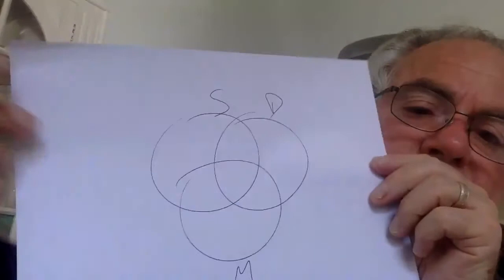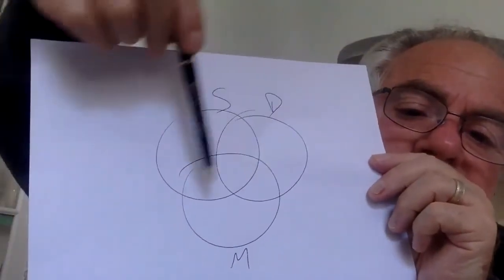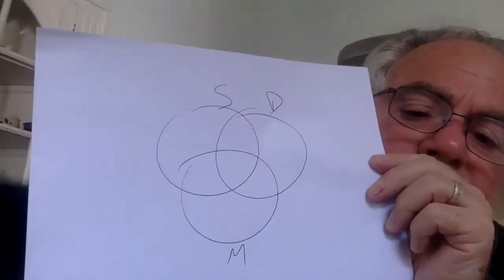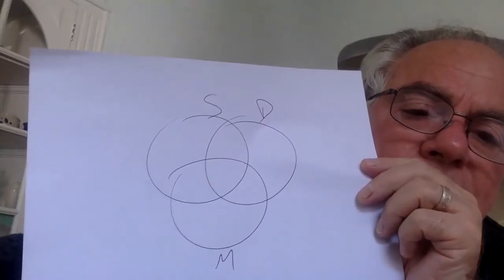So then you can diagram the O1. So you make your 3 circles. When you make your 3 circles, it always has to be like this. Just make your 3 circles and put S there, P there, and M there. Always has to be that way.